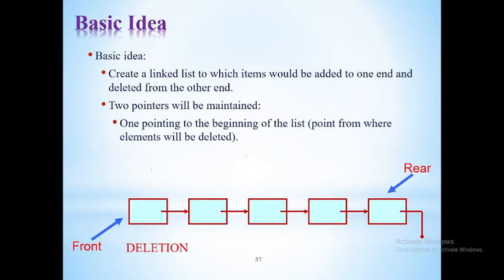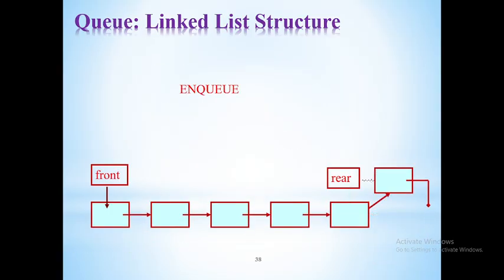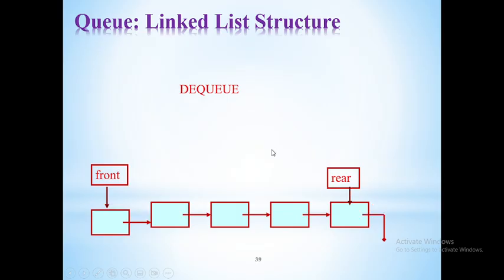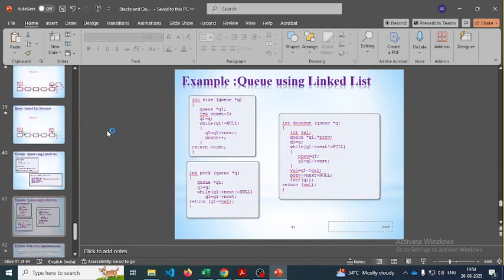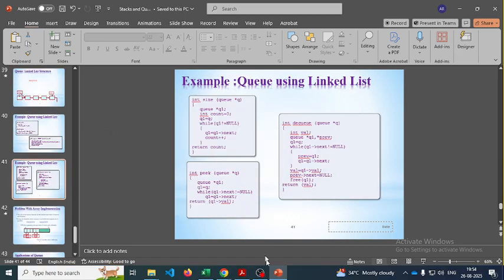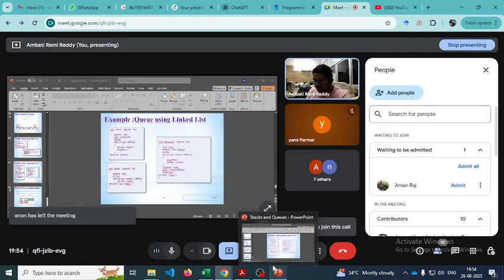So the queue you can also implement the same way. Anyhow, we are not interested in C programming, so I will show the queue and stack data structures using Python, just how to implement this.